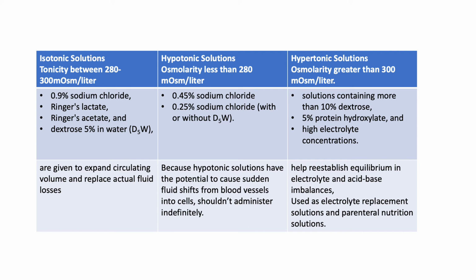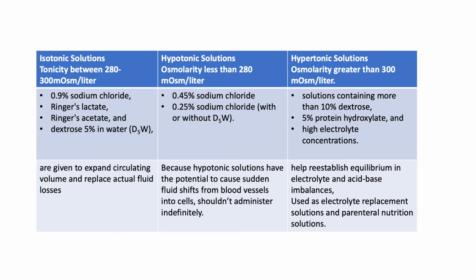A hypotonic solution has an osmolarity less than 280 and a hypertonic solution has an osmolarity greater than 300 milliosmol per liter. Isotonic solutions are given to expand circulating volume and replace actual fluid losses. Commonly used isotonic solutions are shown in this table.